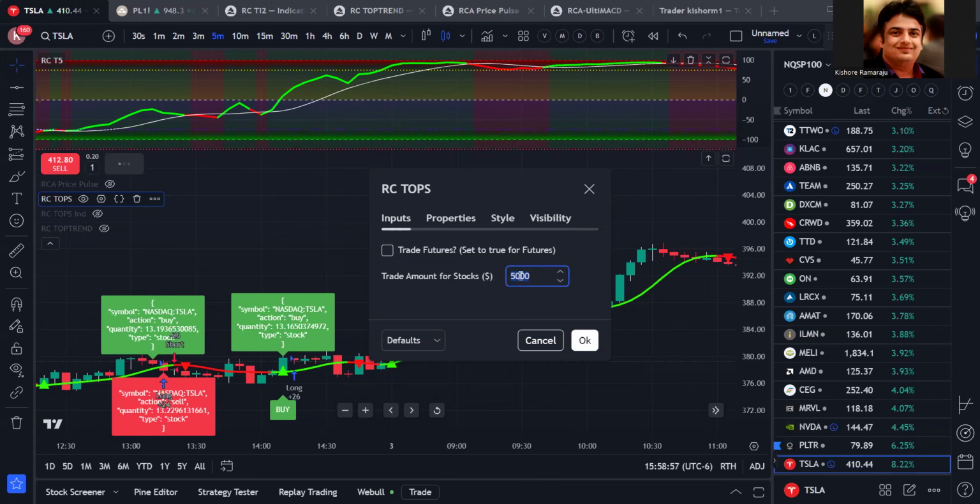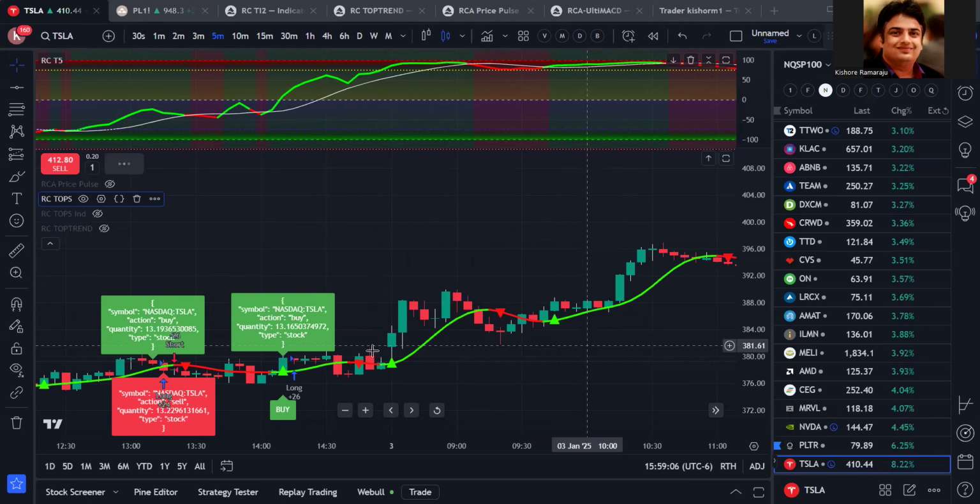Based on your account size, you can put 5% like that. For example, I'm telling, okay, I want to use $5,000 to buy the stocks. And then whenever I get a buy signal, it will automatically take it. You can connect to IBKR or Webull or some accounts, and then automatically it will take the trade. You don't need to click on buy or sell buttons.